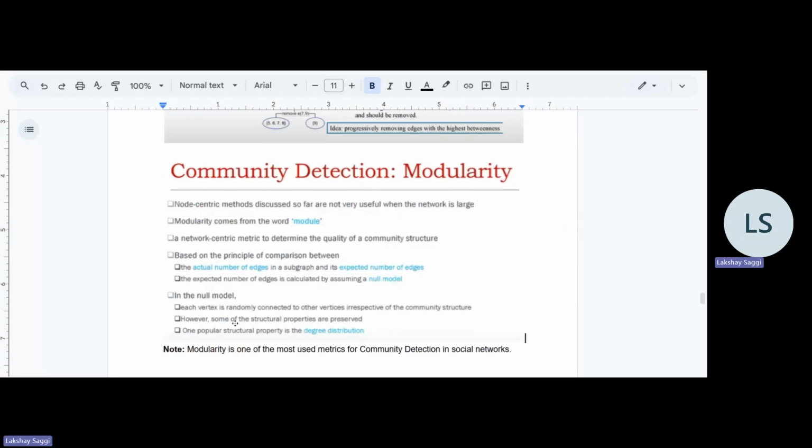But right now, the high-level idea of modularity is: why are communities forming? The simplest intuition for this, maybe discussed in the lectures also, is that suppose you are given a completely random Erdos-Renyi graph. A completely random graph should not have any community structure, right?